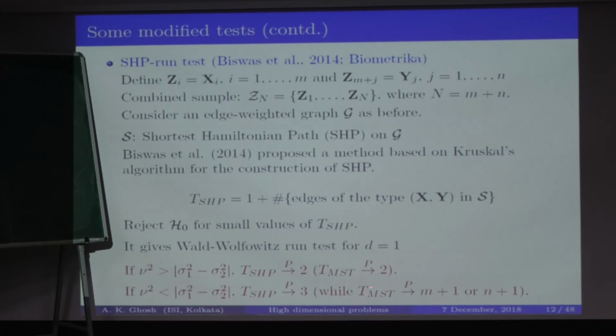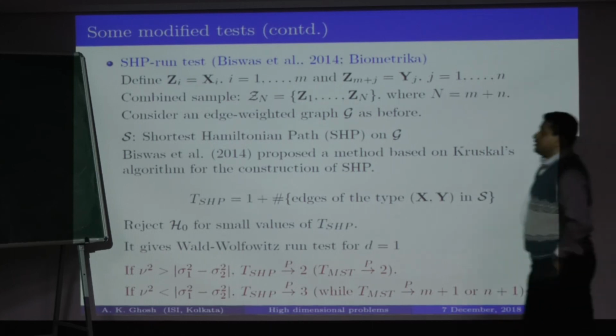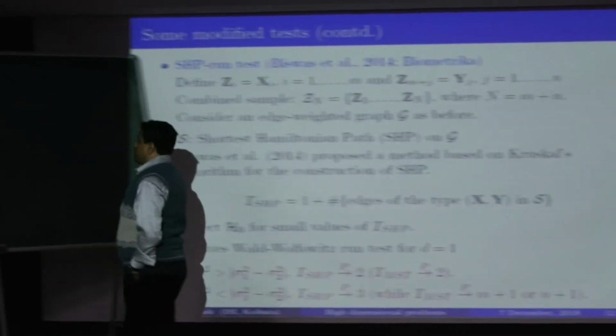We have seen that the test statistic based on the minimal spanning tree converges to n plus 1 or m plus 1, depending on which one has smaller scale. But in that case, we can show that the rank statistic based on the shortest Hamiltonian path converges to 3. It means if you look at the path, then probably this will be the structure. I cannot give you the proof at this moment, but this will be the structure.